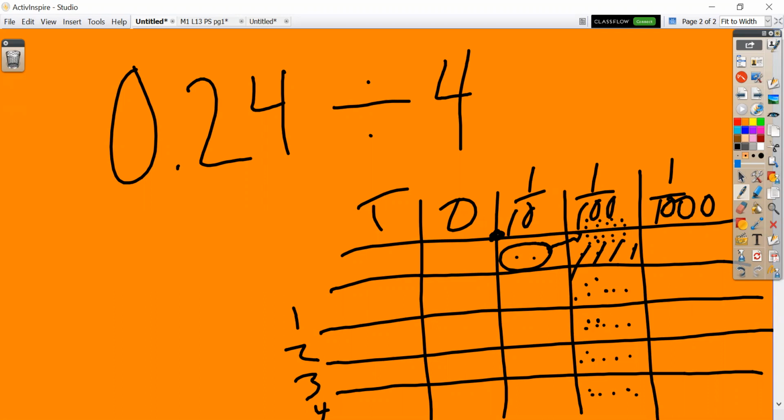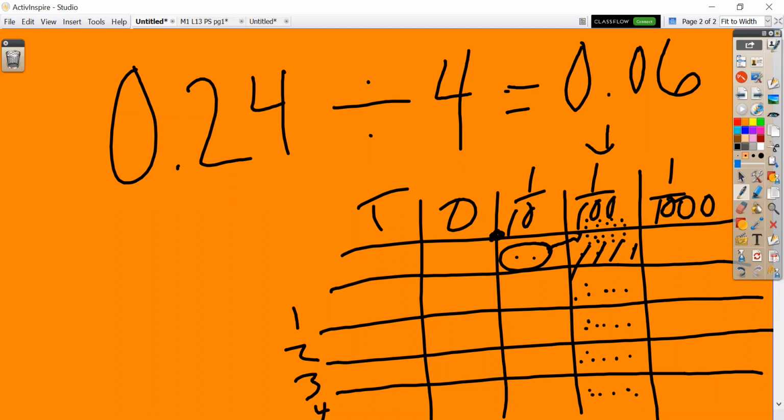Wait, I only needed 20. Let me back up 2 of them right there. So how many are equally in each group? Well, let's count into each group. 1, 2, 3, 4, 5, 6. I see 6 of them in each group, and it's in the hundredths place. So I know 24 hundredths divided by 4 is going to be 6 hundredths.